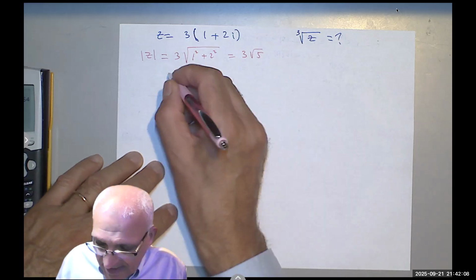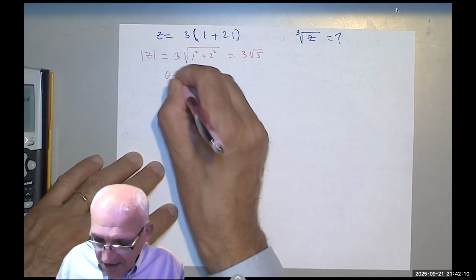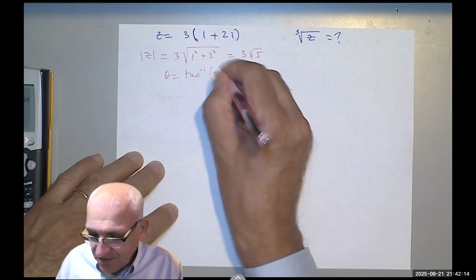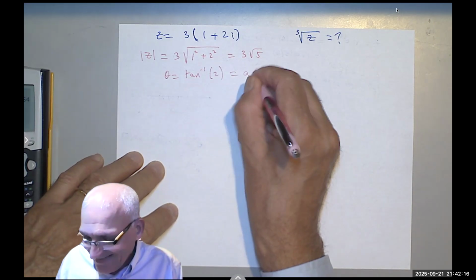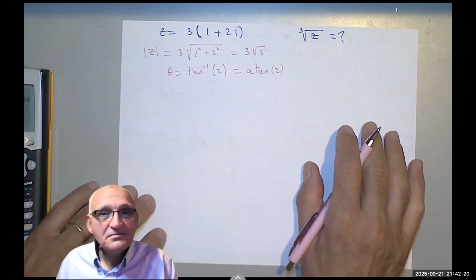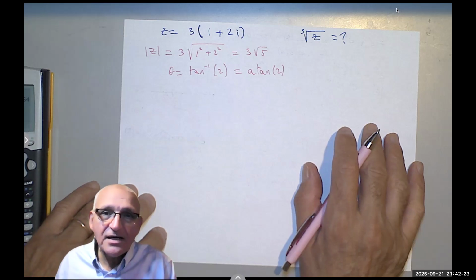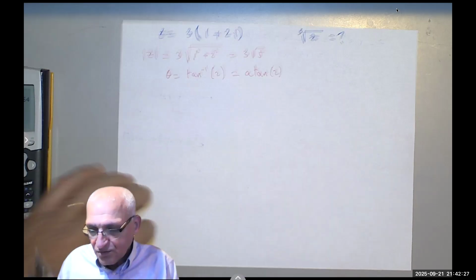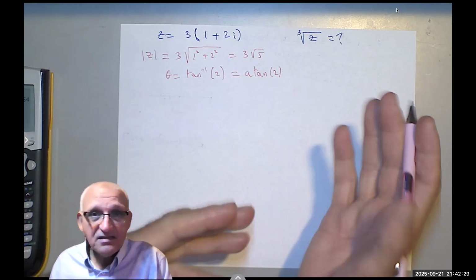And then I find the angle theta. It's arctan 2. So now you can write this as the modulus 3 root 5 cis arctan 2.